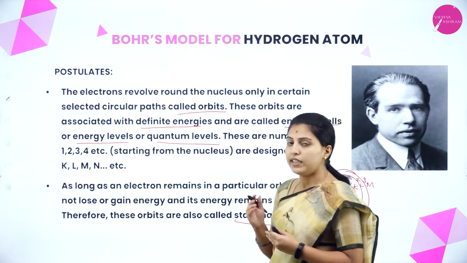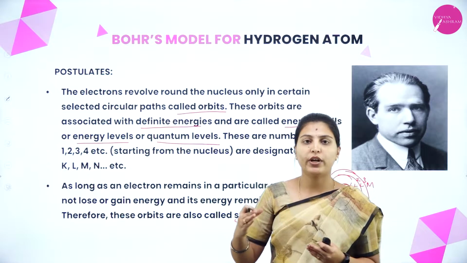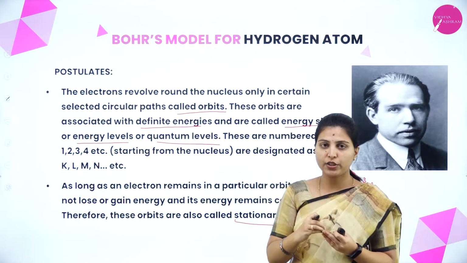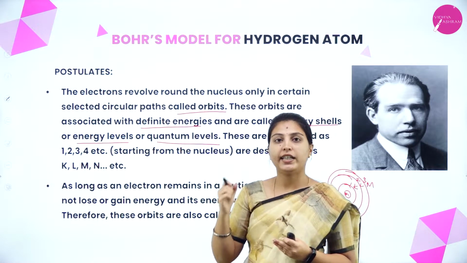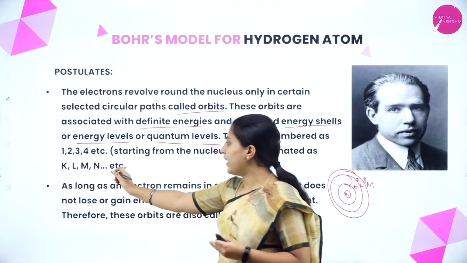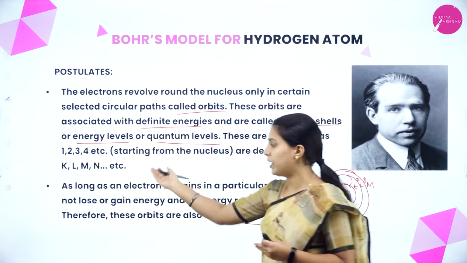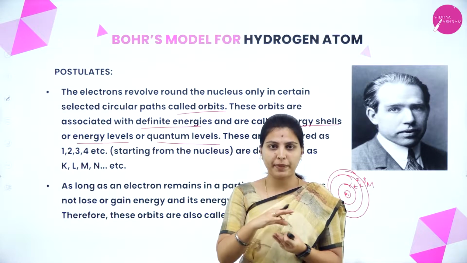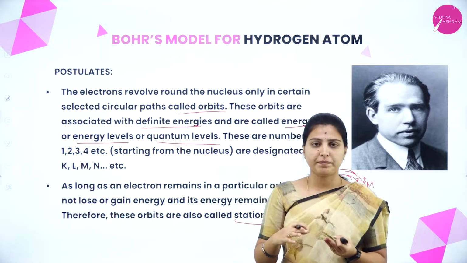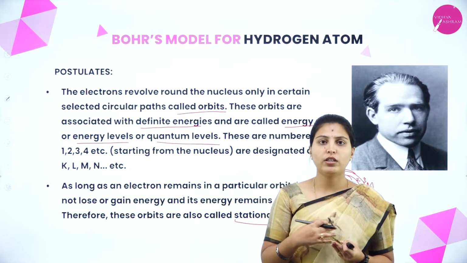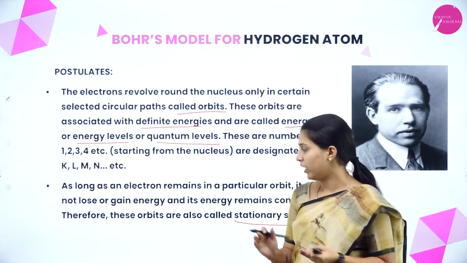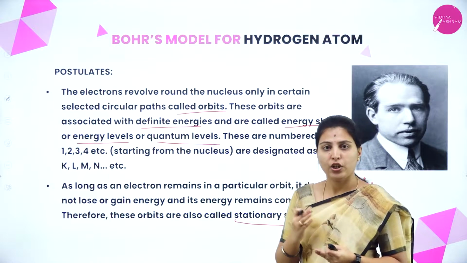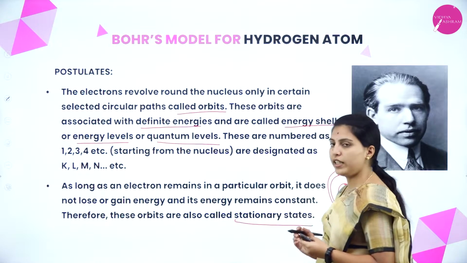These are numbered as 1, 2, 3, 4 and so on, starting from the nucleus, and are designated as K, L, M, N. These are the main shell names. As long as the electron stays in the same orbit, it cannot radiate any energy. It will be in a stationary or constant phase, and that state is called a stationary state.